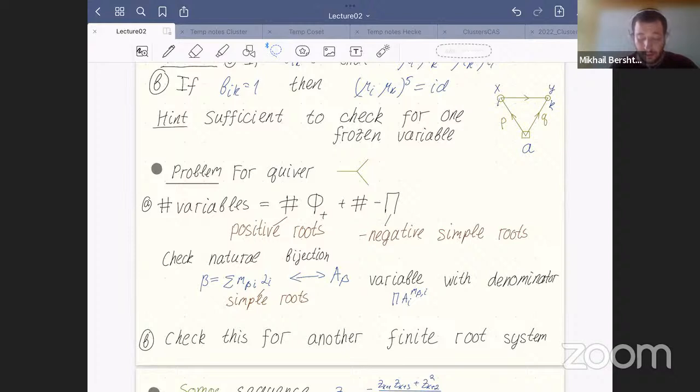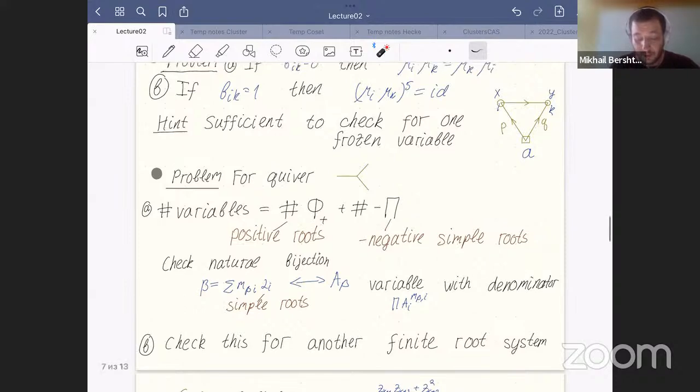There is a natural bijection for which you should look at the denominator of the corresponding variable, and from the denominator you can specify the root. The initial variables correspond to minus simple roots, and all other variables which we can obtain correspond to positive roots.